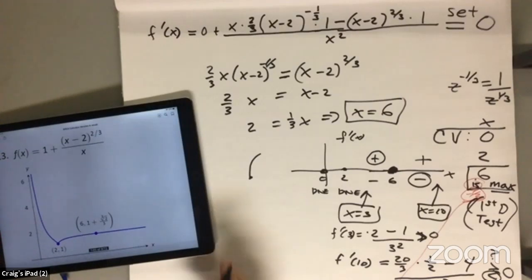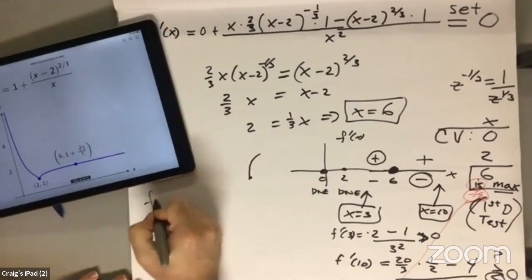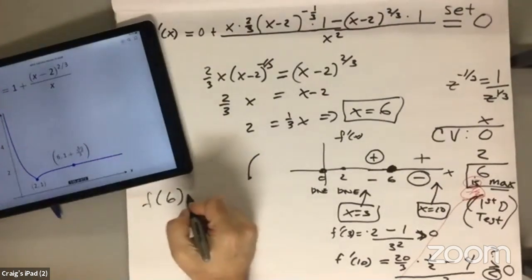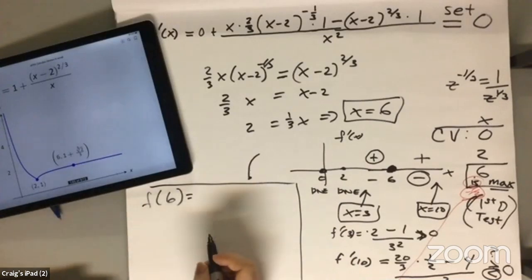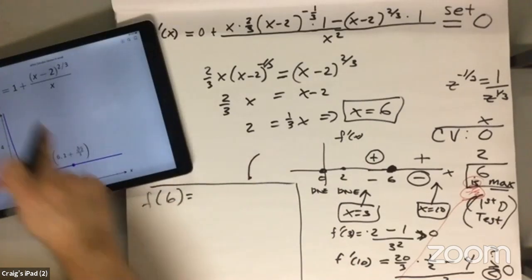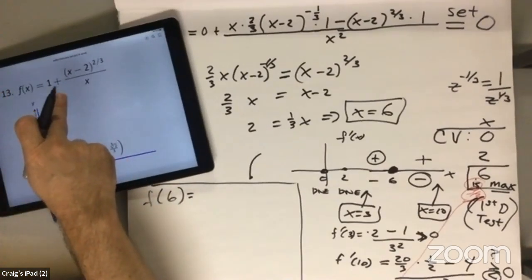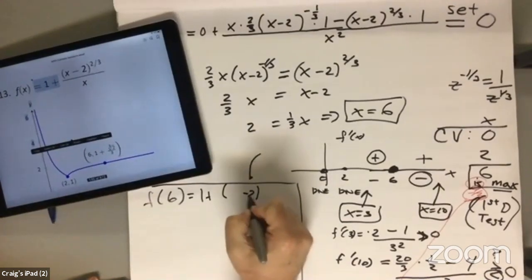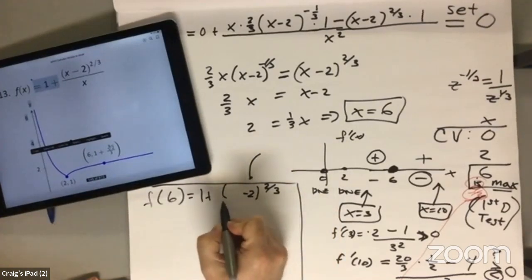So how do I calculate f of 6? Let's do that real quick right here. f of 6 is going to be that I calculate this function right here. f of 6 is 1 plus x minus 2 to the 2/3 power, all divided by x.